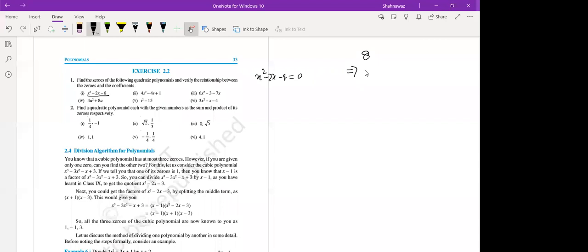This will be 1 into 8, 2 into 4, 4 into 2, and 8 into 1. So we want minus 2, so 1 and 8 is discarded. Now tell me from 2 and 4, what will be the combination?